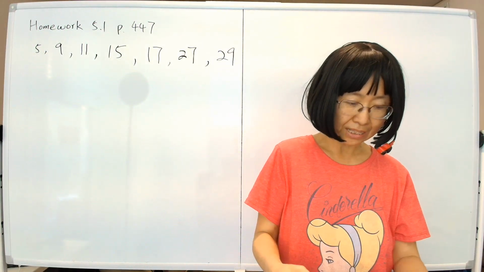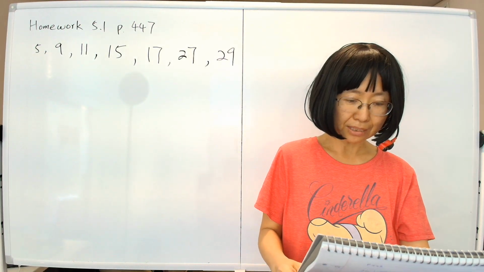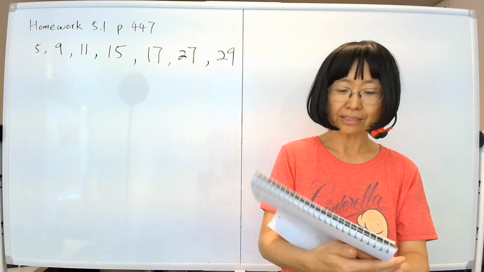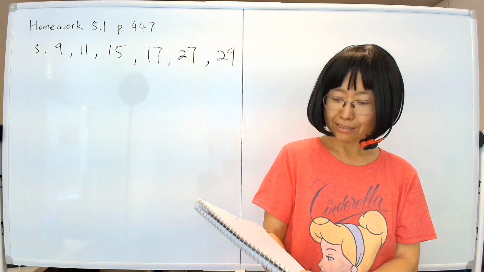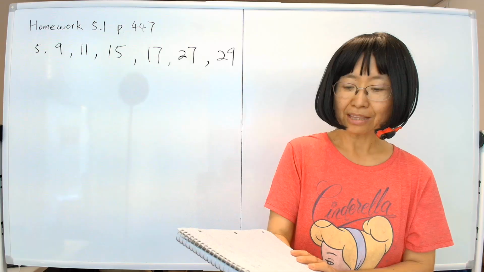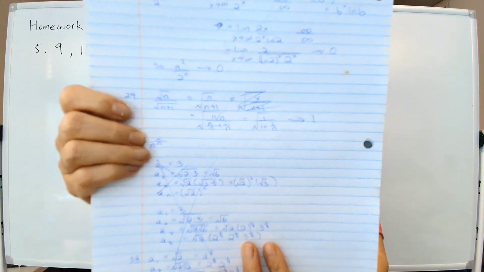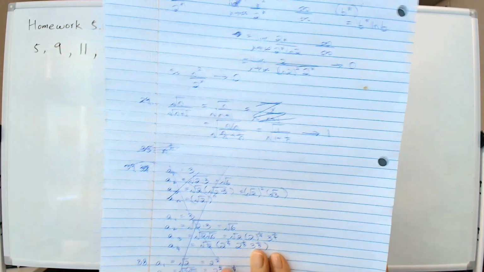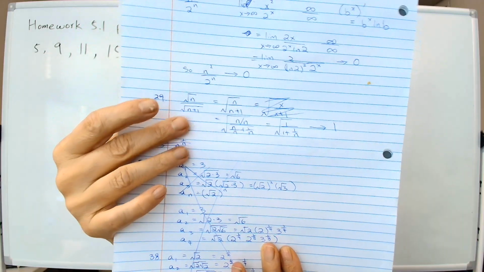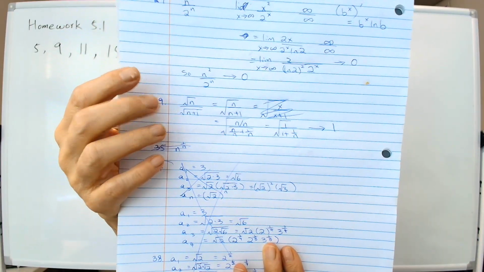And that's 27. Now next, let's look at problem 29. Problem 29 is some kind of a fraction. There's the square root sign, which might look confusing until you remember how this kind of limit is done.